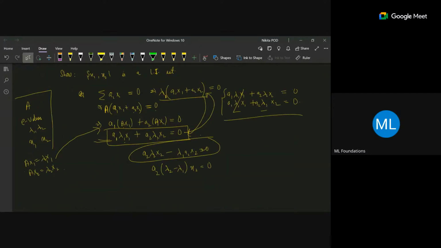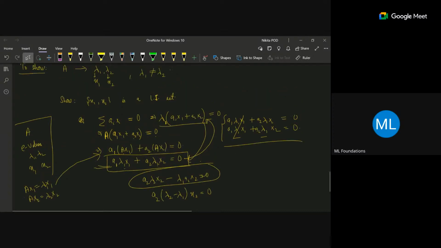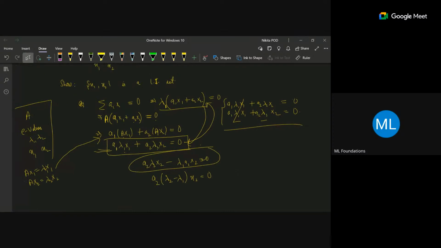From there we got that a2 times (lambda 2 minus lambda 1) x2 should be 0. We know that lambda 2 and lambda 1 are different, so lambda 1 is not equal to lambda 2, and this cannot be 0.